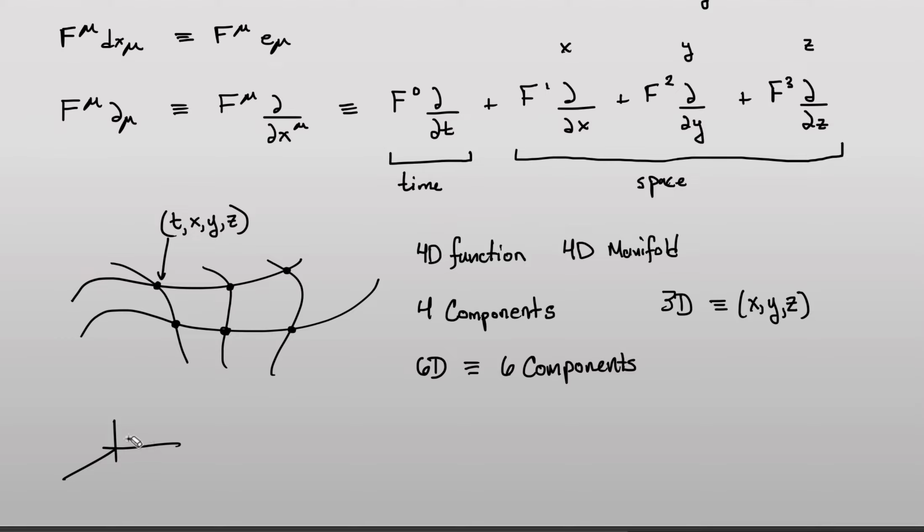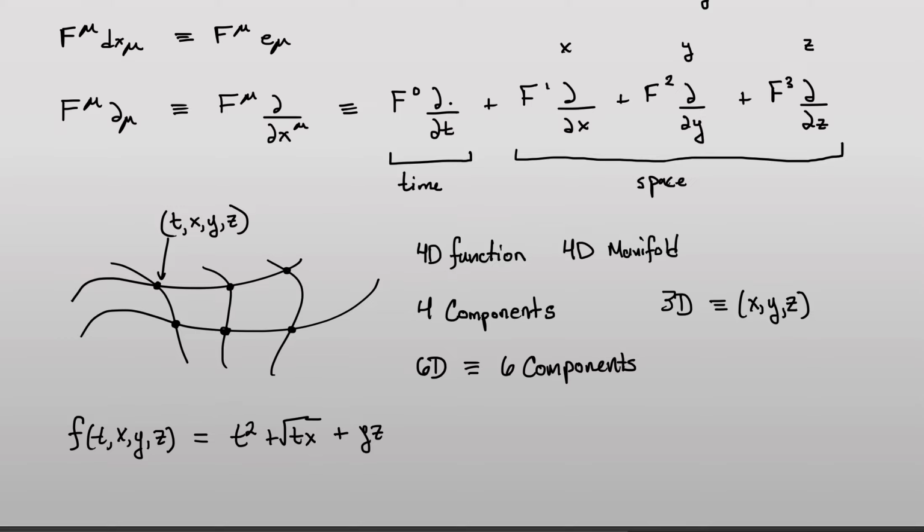So we could have some multivariate function. Again, we can have some multivariate function that looks like f. It's a function of t, x, y, and z. Okay. Suppose it looks something crazy like t squared plus the square root of t x plus y z. All right.